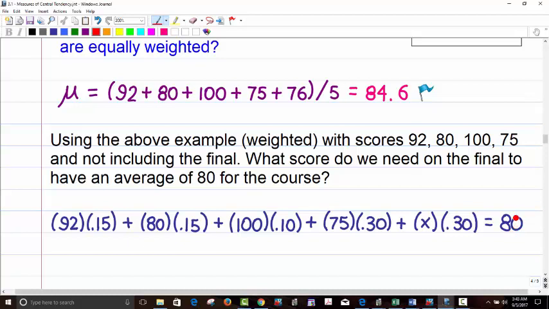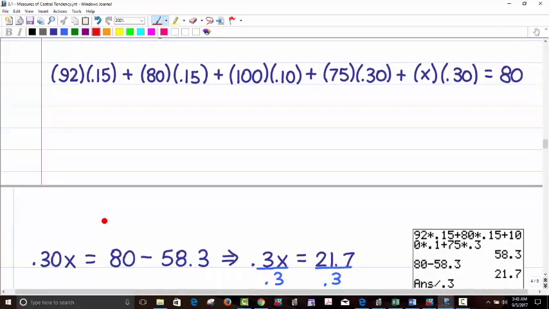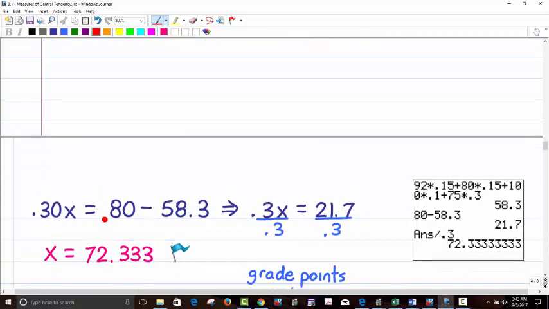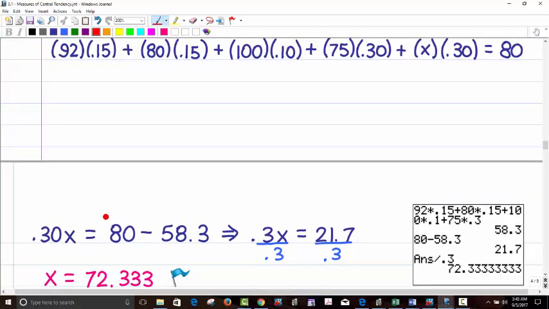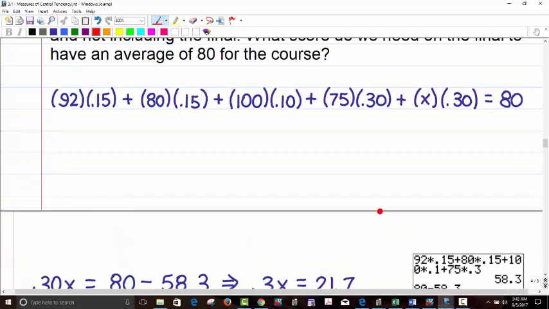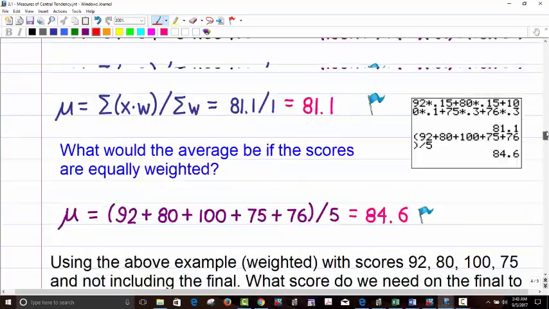We know the right side this time, and we let the unknown be some variable like x, and that's what we're solving for algebraically. You just solve that algebraically.